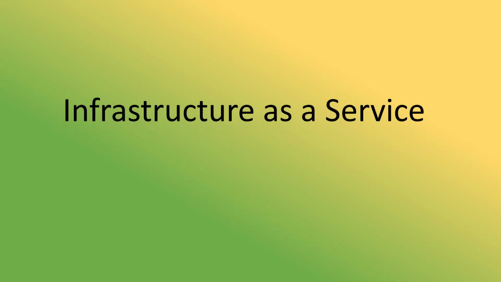The first one, IaaS, is infrastructure as a service. What does this mean? In our first video, cloud computing is renting a virtual computer online. If you have not watched that video, go back to that video so that you can get full details of what cloud computing is all about.